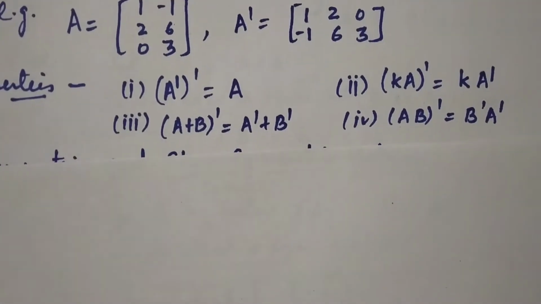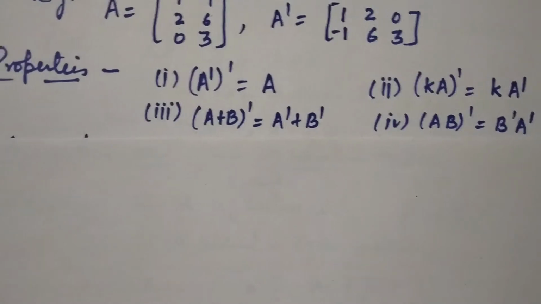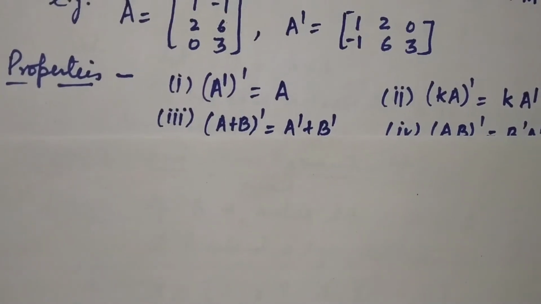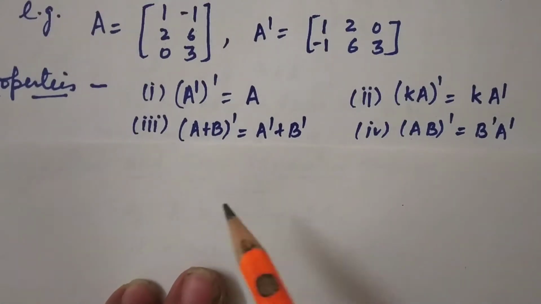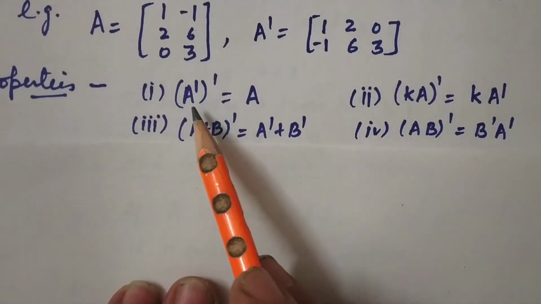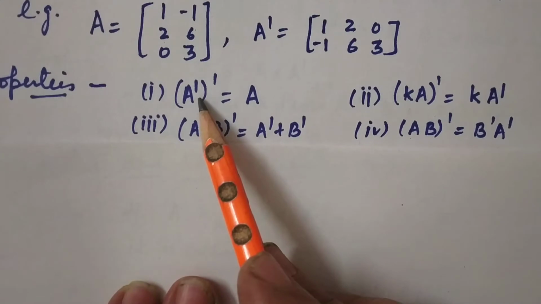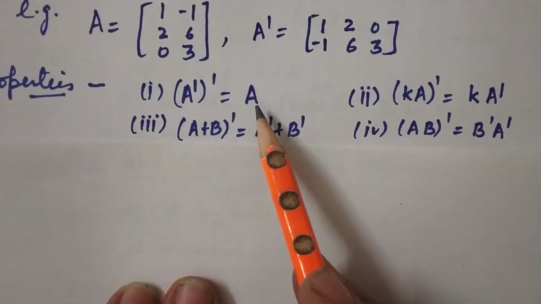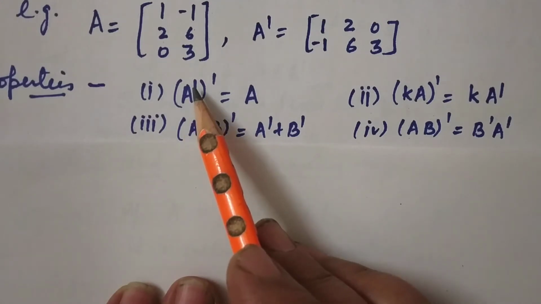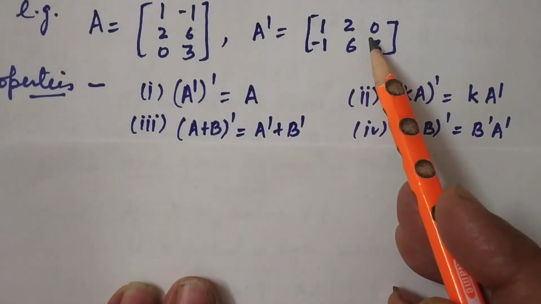Now what are the properties of transpose of a matrix? Again, I can clearly see that transpose of A transpose is equal to the original matrix A, because what we have obtained here is A transpose.